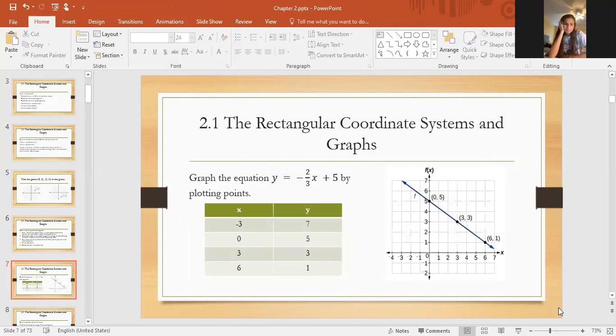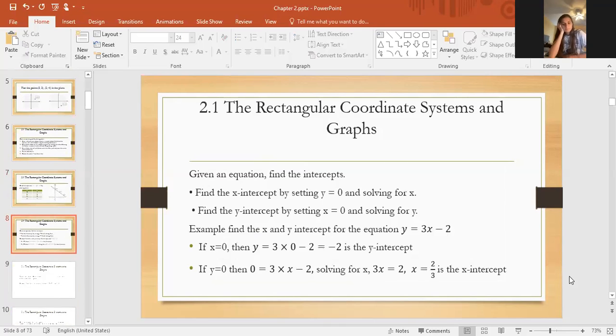So if you have a linear equation, y equals, let's say, mx plus b, then you can plot the line on a rectangular coordinate system like this one. So how do we make a graph of a line?